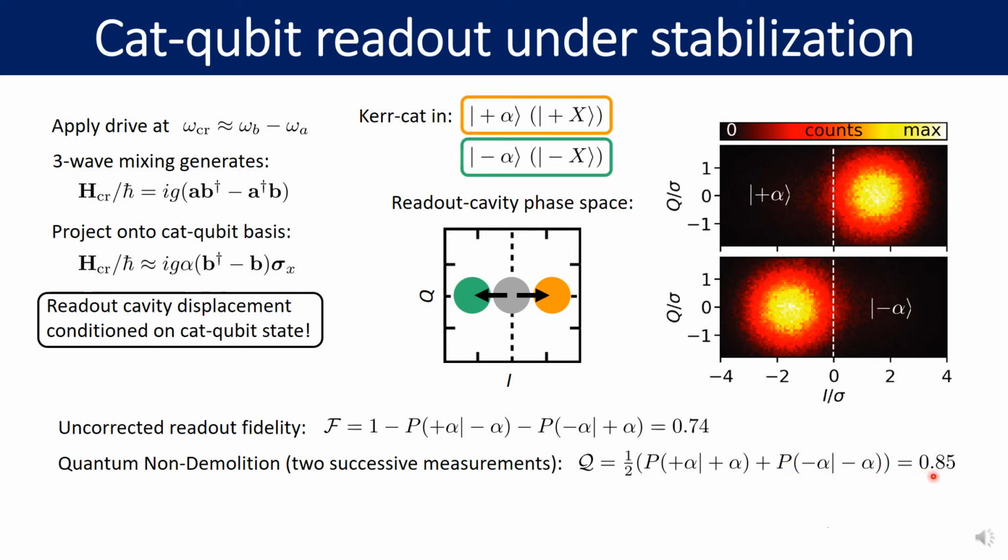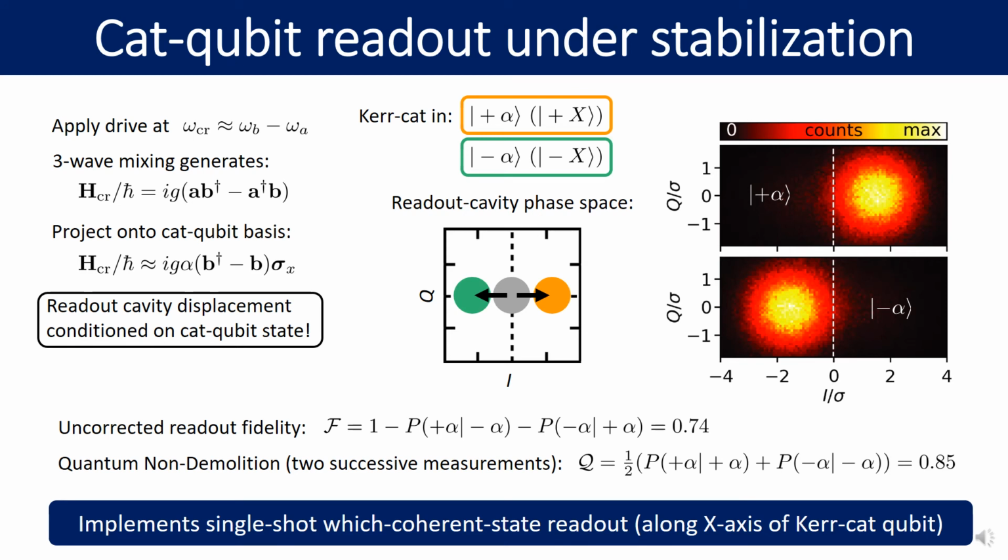And here we find 0.85, so about 85%. So to summarize this slide, what we did here is we implemented a single shot coherent state readout along the x-axis of the Kerr-Cat qubit. And we will now use this to investigate the coherence properties of the Kerr-Cat qubit.